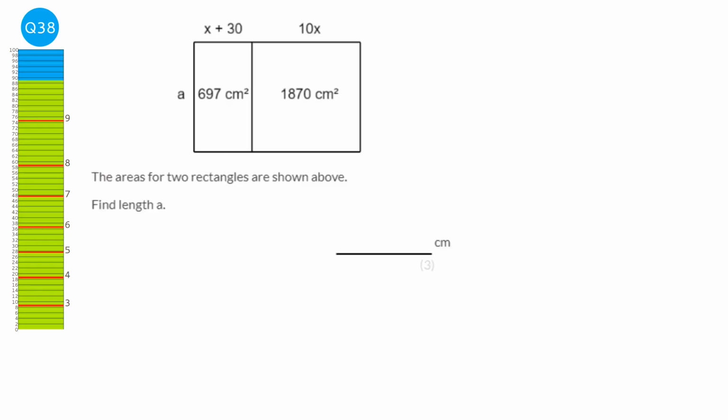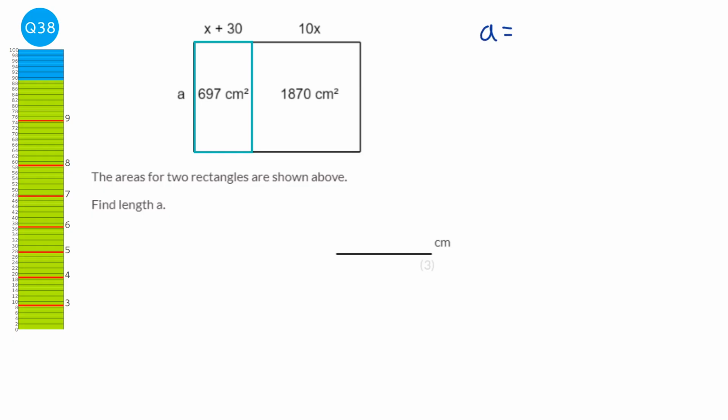I'm going to first of all just focus on this rectangle here. And we know that to find the area of a rectangle, you multiply the two lengths. And when you've multiplied them for this rectangle, we get 697. But let's write down what A is equal to.